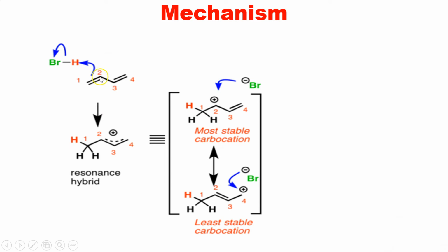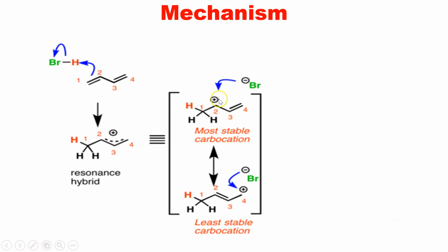Carbon number 2 becomes electron deficient, and carbon number 1, due to the addition of hydrogen, is now satisfied, it has valency 4, it has 4 bonds, but carbon number 2 has only 3 bonds, and this carbocation is formed. These are resonating structures, indicated by an arrow.